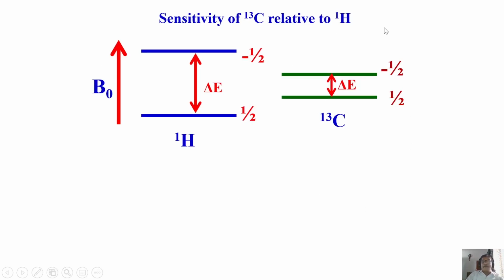Okay, this also has 2 possible orientations, alpha and beta, but this is less sensitive compared to proton because of lower gamma, and the energy separation is 4 times smaller. I told you about sensitivity when we discussed it. The sensitivity depends upon the magnetic field, which in turn is responsible for this energy separation. As a consequence, carbon 13 is less sensitive compared to proton.